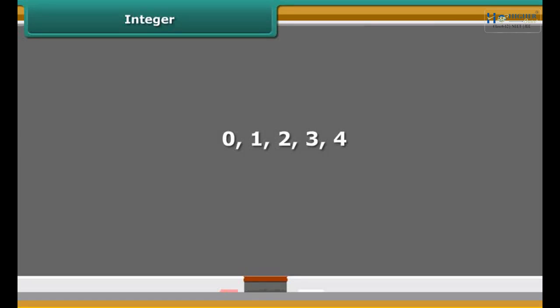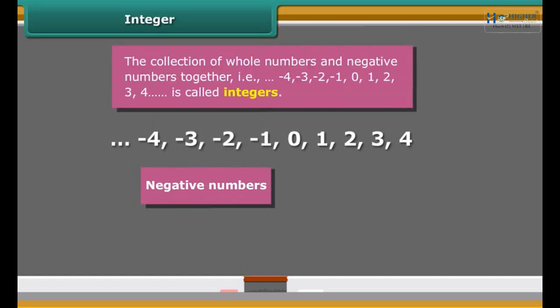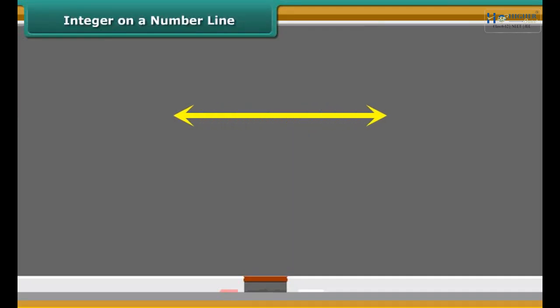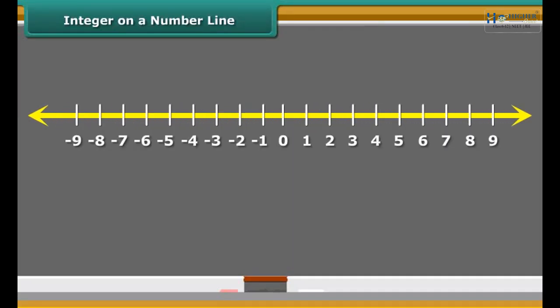Hello students! You already know about natural numbers and whole numbers. If we put negative numbers and whole numbers together, the collection of numbers is known as integers. This figure represents a line marked with some points at equal distance. A point on it is marked as 0.